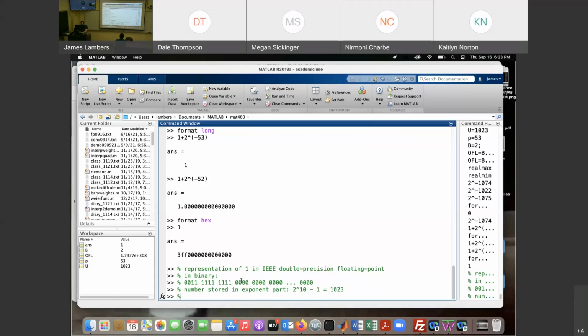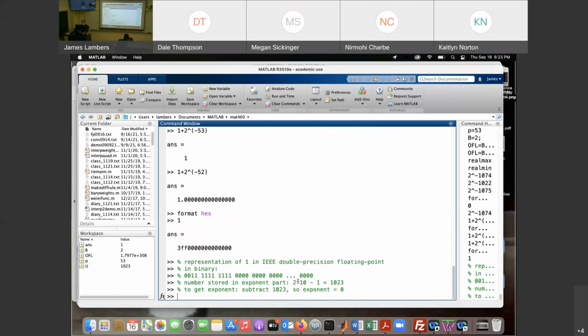Now, to get the exponent, you work out this number, and then you subtract 1023. So the actual exponent is 0. All the rest of the digits, all these 0s here, that's the mantissa. But remember, we are normalizing.